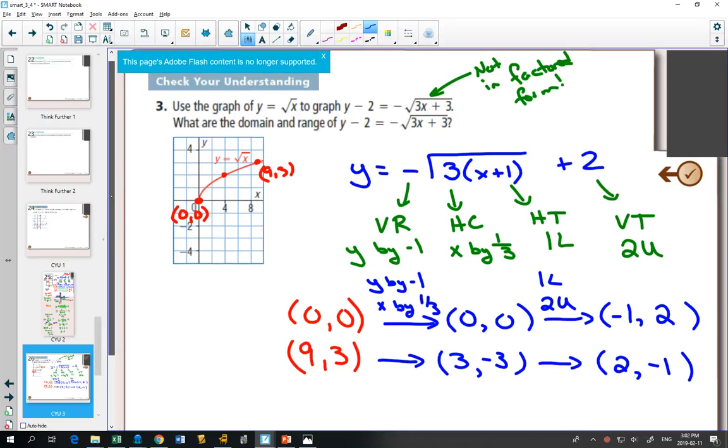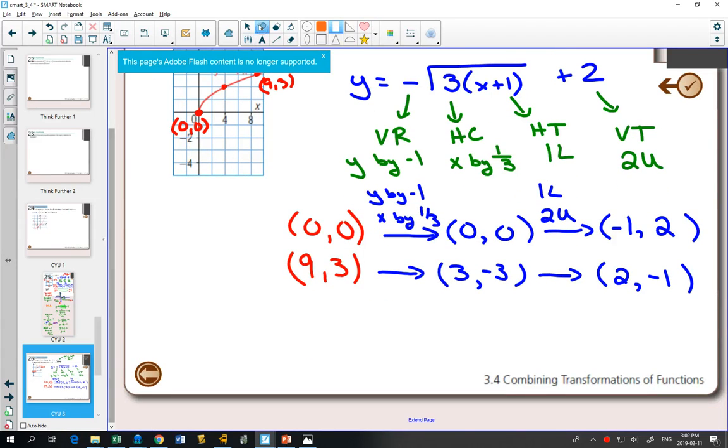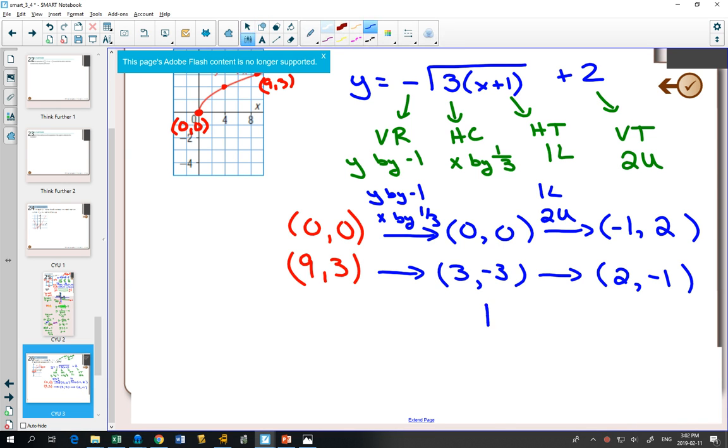So what does that mean for my new graph? And again, whenever possible for your new graph, I suggest putting it on a new grid. Sometimes an exam will say to graph it on the same grid that you have. In this case, we'll have the point -1, 2.